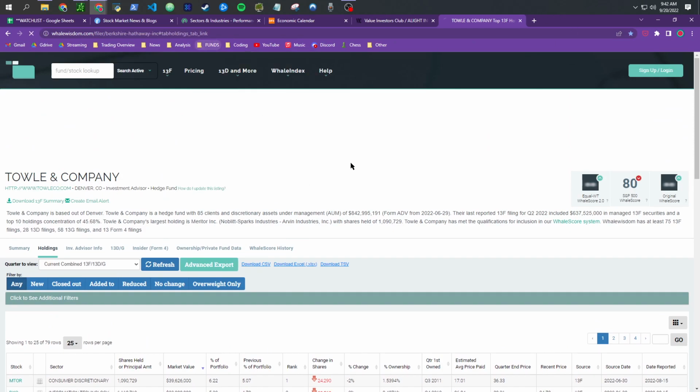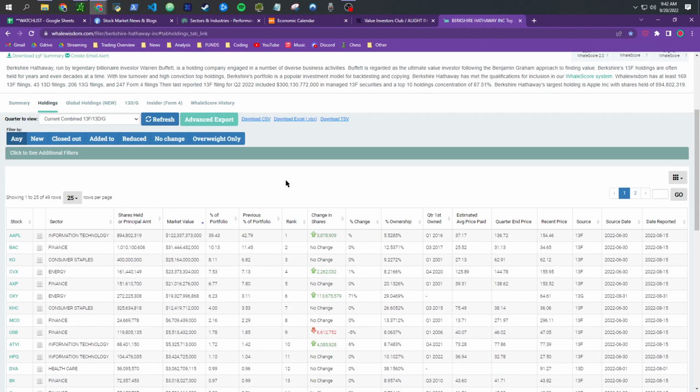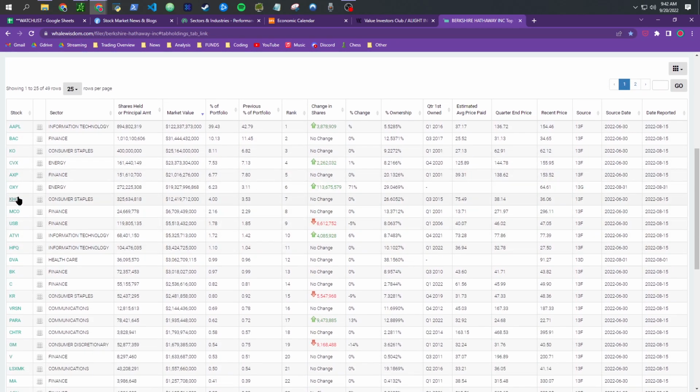Let's see, there's Berkshire, I'll just look at. I'll see what he's got going on. I don't just follow him, but Occidental was one that was basically at the top of my oil and gas watch list. I just hadn't decided to dive into oil and gas yet at the beginning of this year. And then when the war happened, when that started, shortly after, I saw Warren Buffett started loading up on Occidental.